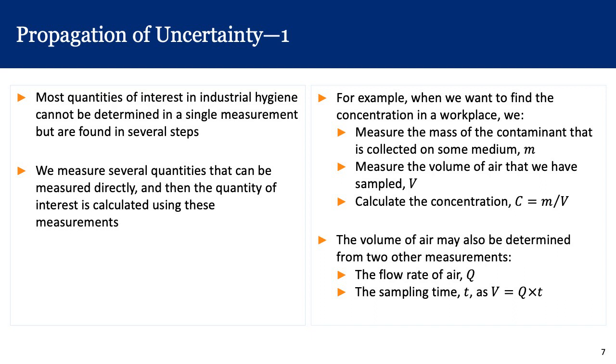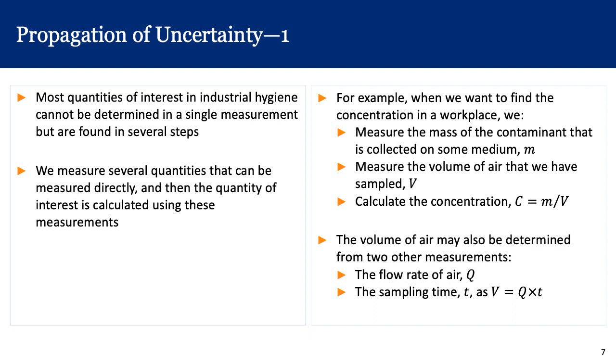Now, the volume of air is determined using two other measurements, which are the flow rate of air, Q, and the sampling time, T. If Q is in cubic meters per second and time is in seconds, then the volume has units of cubic meters. And so you see now that the concentration requires three separate measurements.